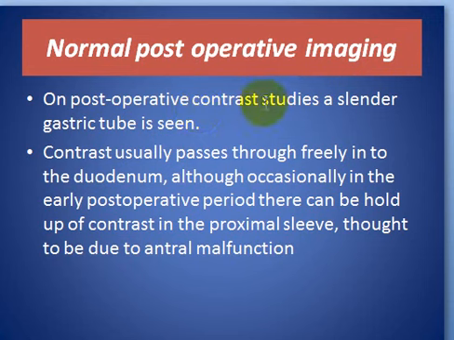On the post-operative contrast study, a slender gastric tube is seen. Contrast usually passes through freely into the duodenum, although occasionally in the post-operative period there can be hold up of the contrast in the proximal sleeve, thought to be due to antral malfunction.